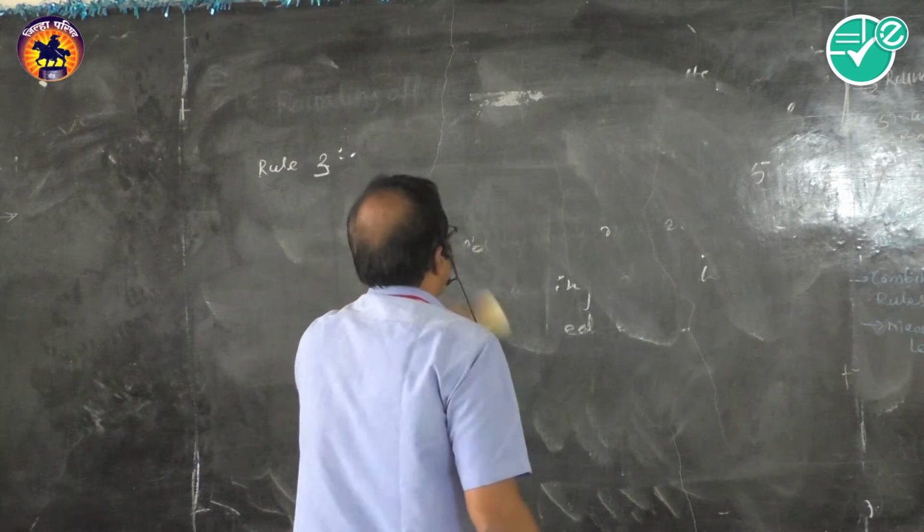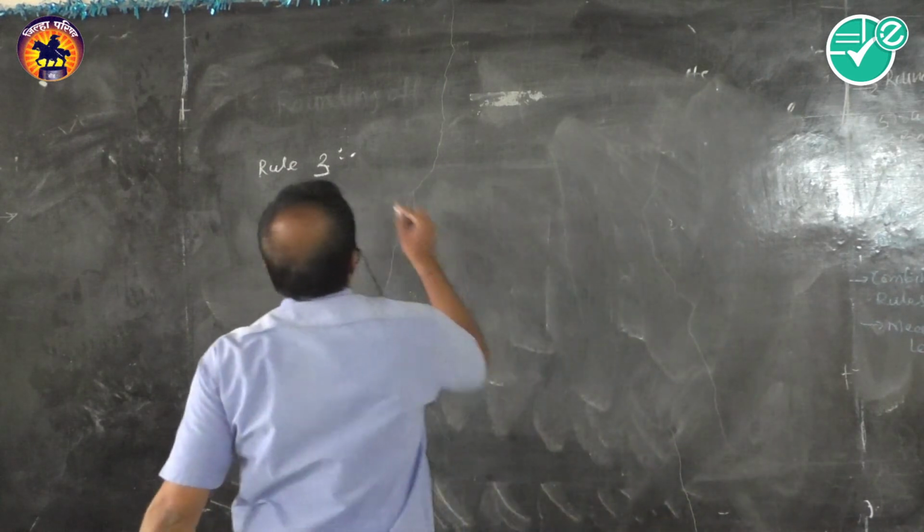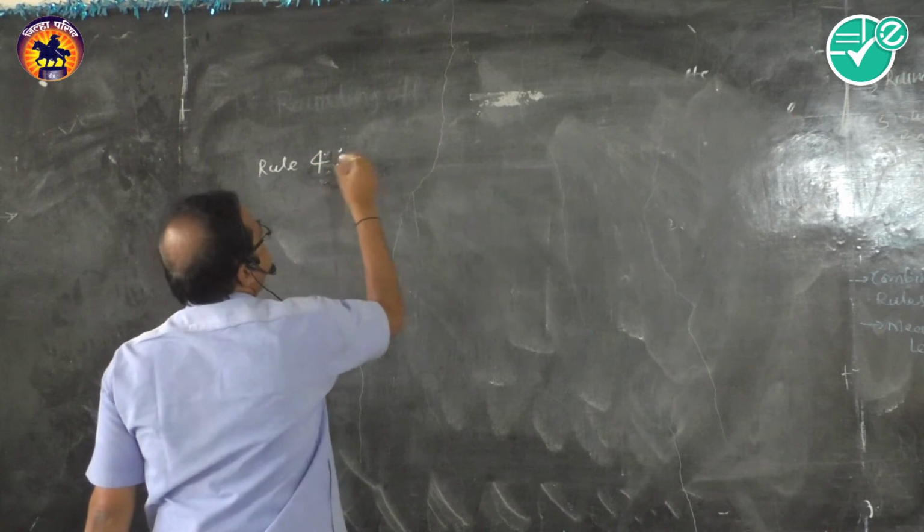Let us discuss the fourth rule. There are 5 rules. Rule number 4.